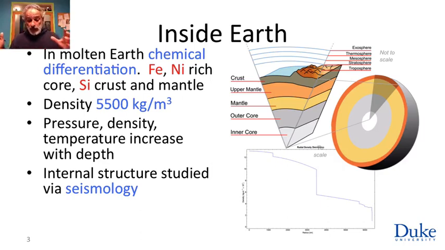And so as you go down into the Earth, pressures become very, very high, densities become very high. The pressure is so high at the center of the Earth that despite the fact that, as we'll see, temperatures are very high, the center of the Earth is essentially solid metal. That's the inner core. This is surrounded by an outer core of liquid metal.